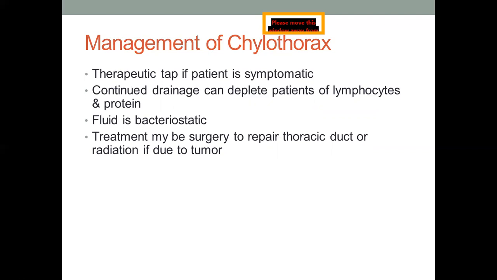If we do continuous drainage of the chyle, since chyle is rich in protein, the patient may become malnourished. So in that case, one should do proper surgery, which is repair of the thoracic duct, or radiation should be given to the tumor to stop the chyle formation.